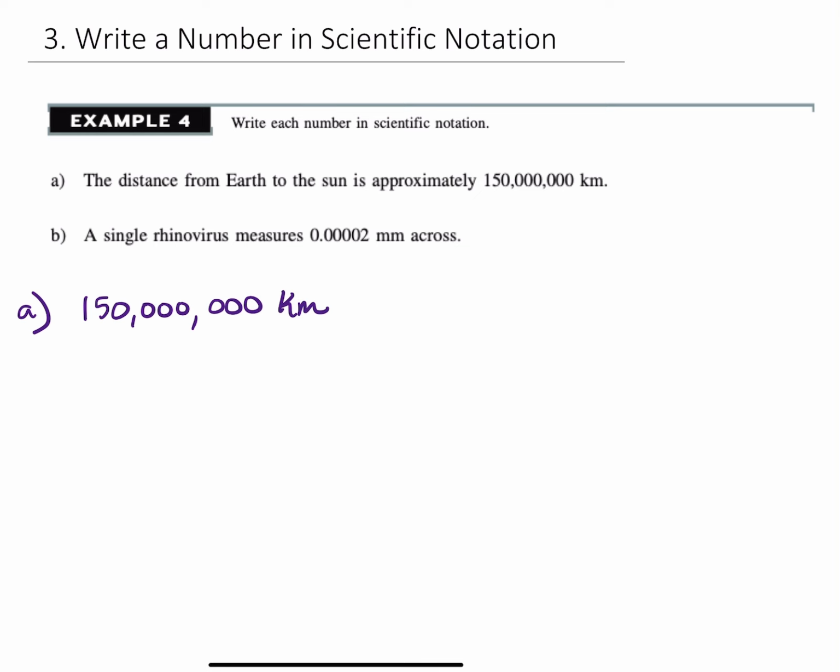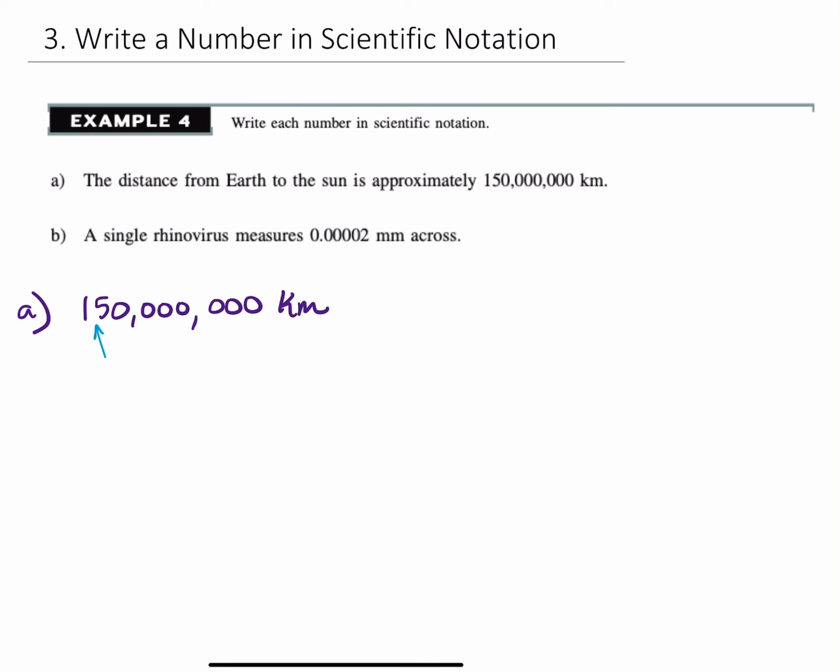I can already see where I would want the decimal to be. We wouldn't put it as 15 times 10 to some power because remember the number in front of the decimal needs to be between 1 and 10, and less than 10. So basically between 1 and 9, including 9. So that means I want the decimal to end up in that position between the 1 and the 5.